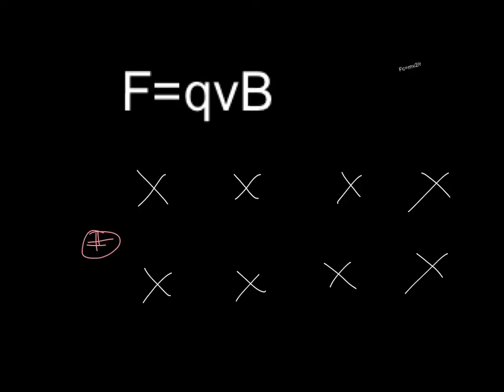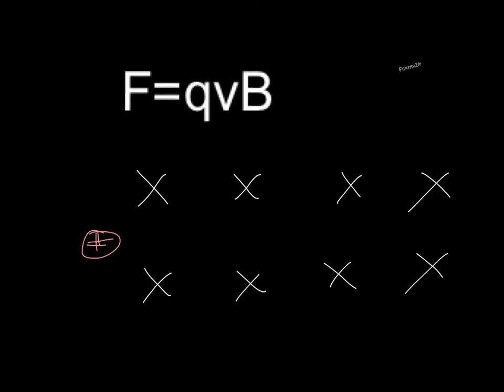First of all, it's moving perpendicular to the magnetic field, so that's an important idea. And so as it moves in that magnetic field, it's going to experience a force. The direction of this force is followed by your right-hand rule.